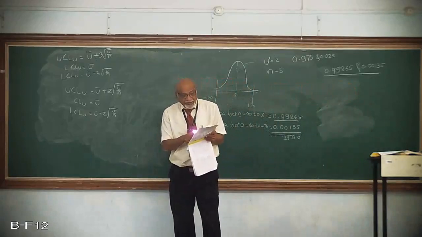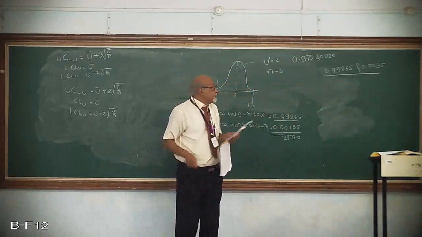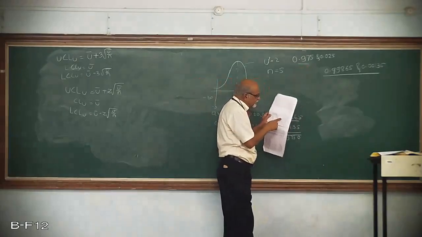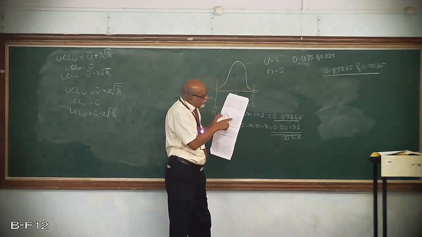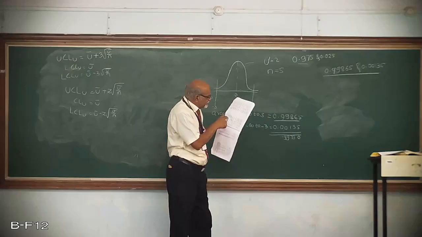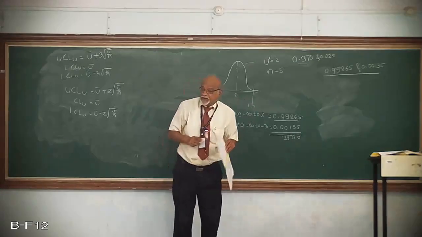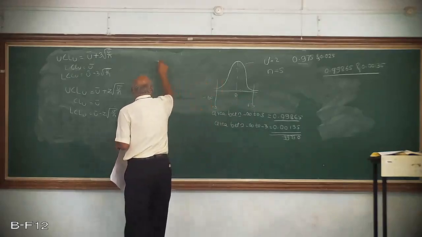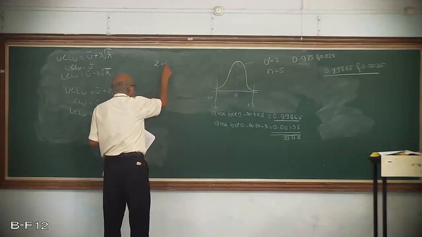The area I have to look at is 0.975, because this is what he has given. So the Z value corresponding to 0.975 is Z equal to 1.96.